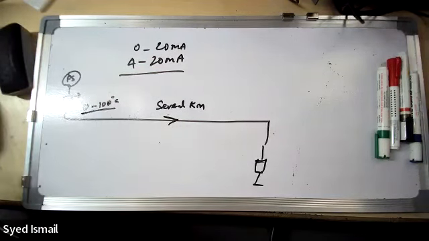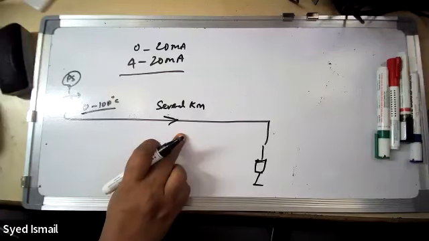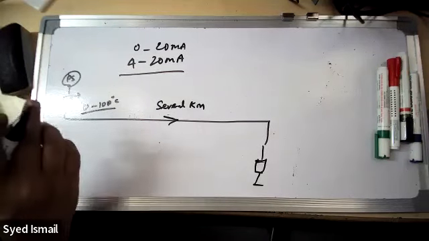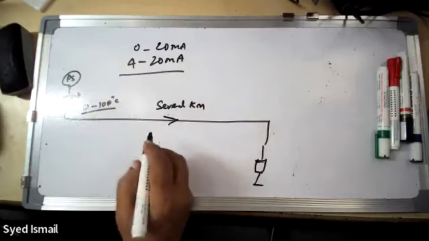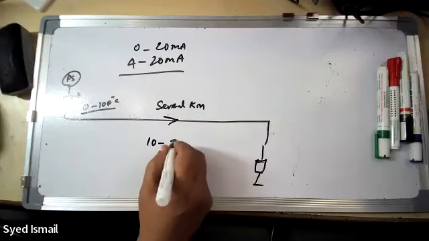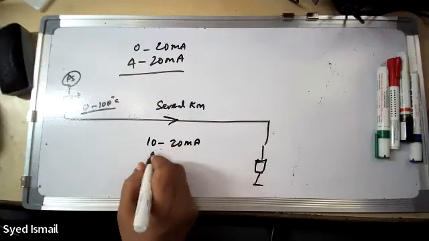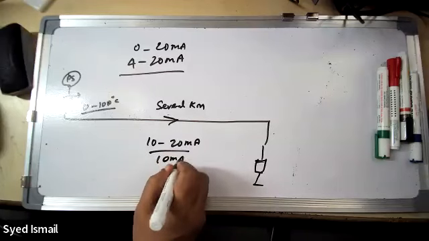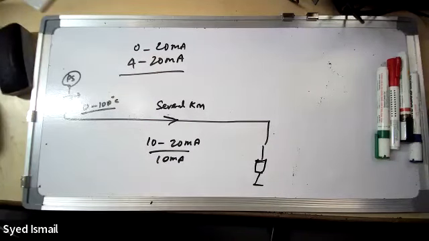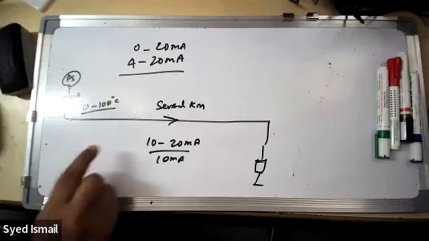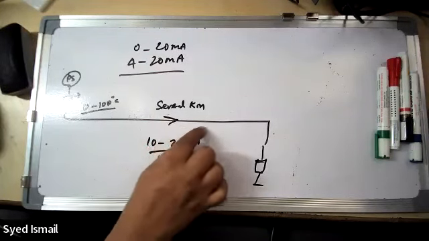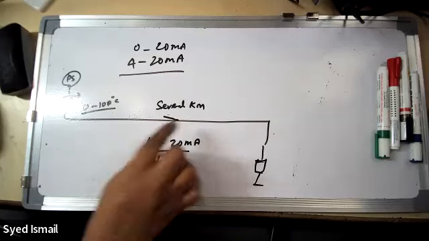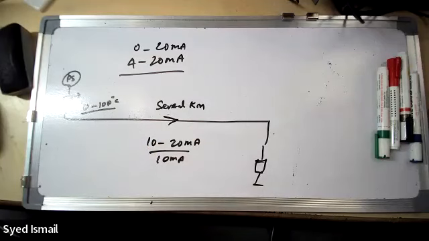Let's assume it gives somewhere from 10 to 20 milliampere, so 10 milliampere current will be the 100 degrees. So I pass the current, and how much current is going through depends on the temperature.